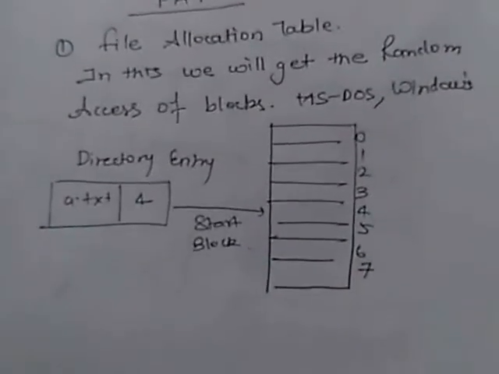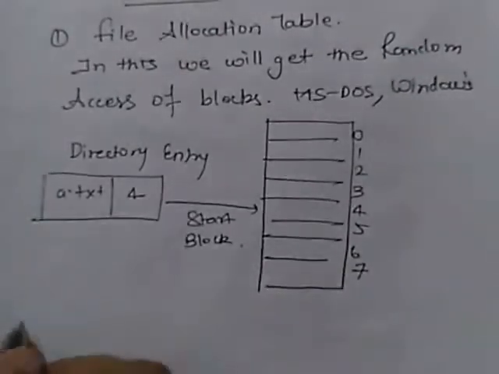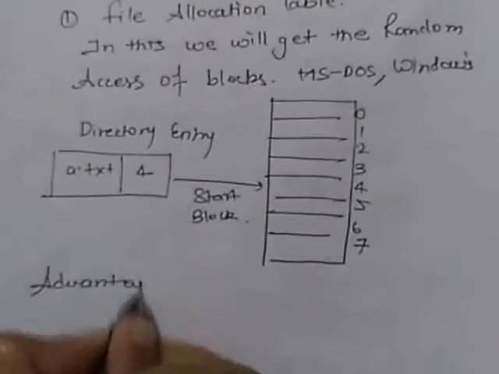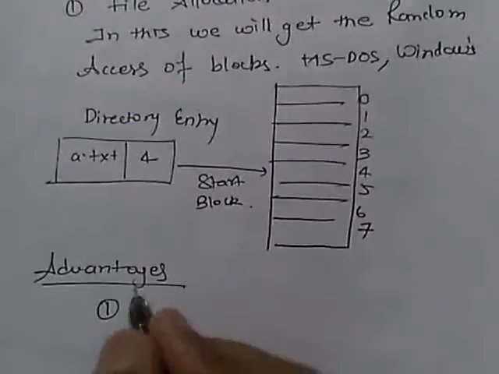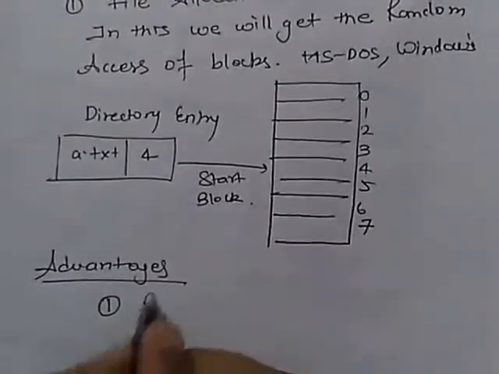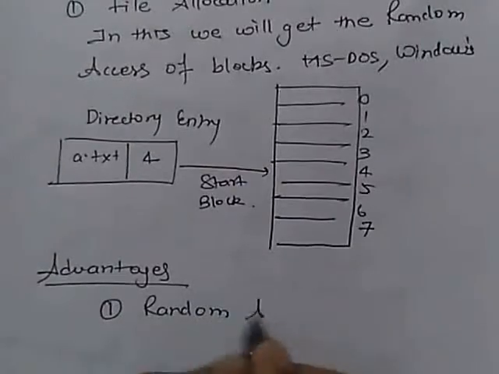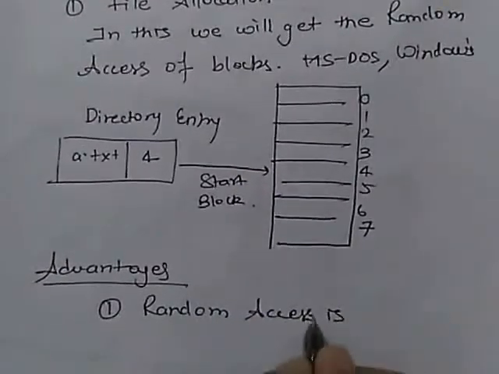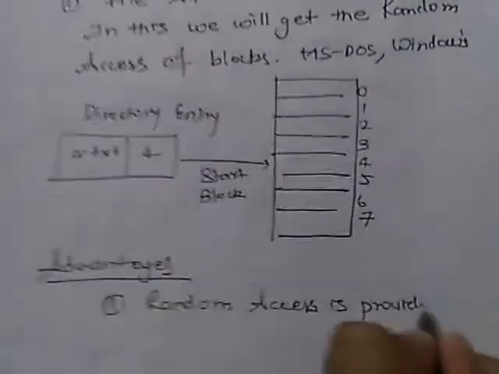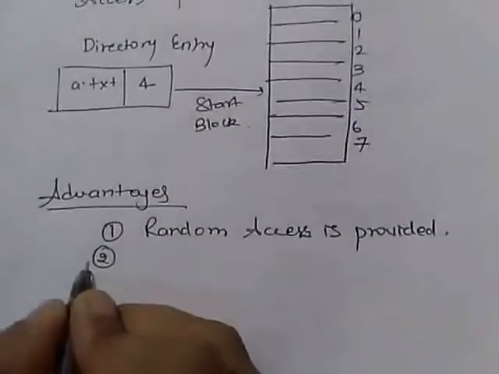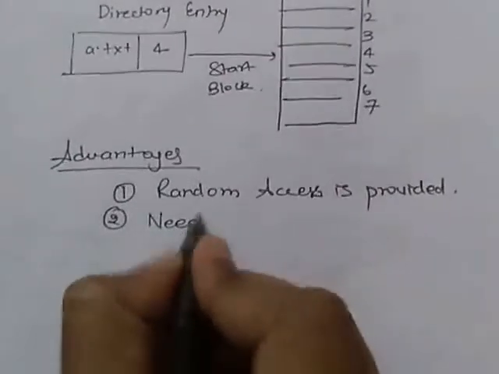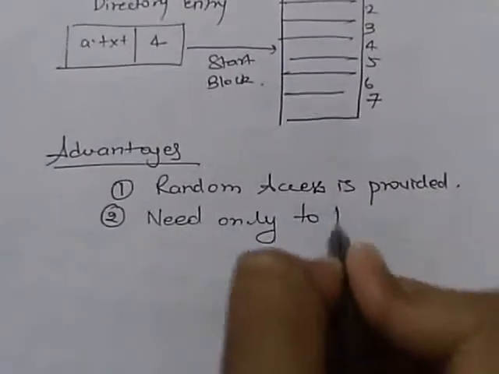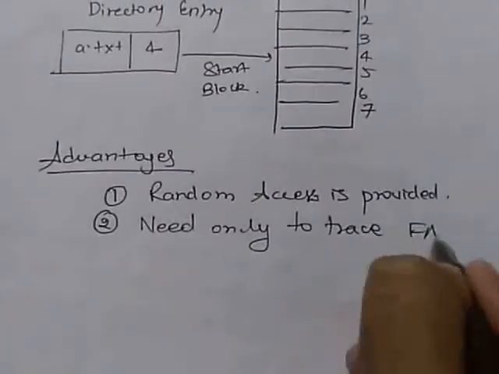Now let us take the advantages of this FAT technique. That is point number 1. As we know that in this the random access is provided. Point number 2, only allocation method we need only to trace file allocation table.